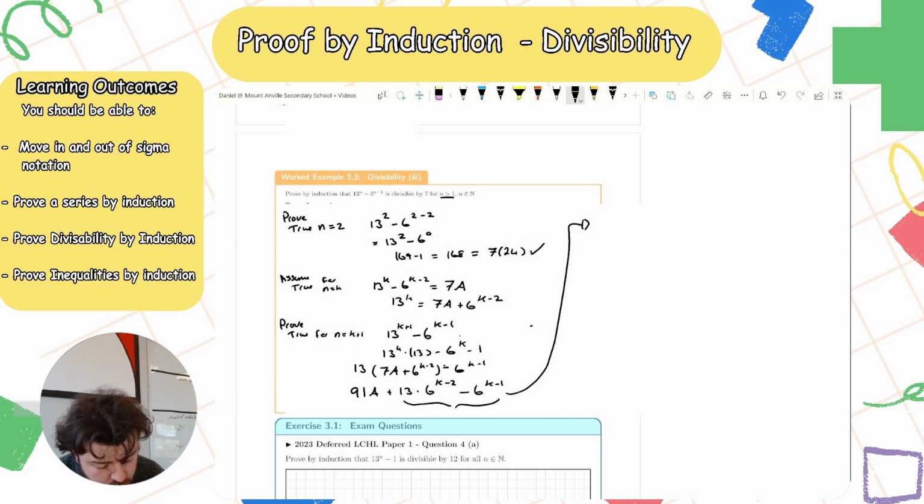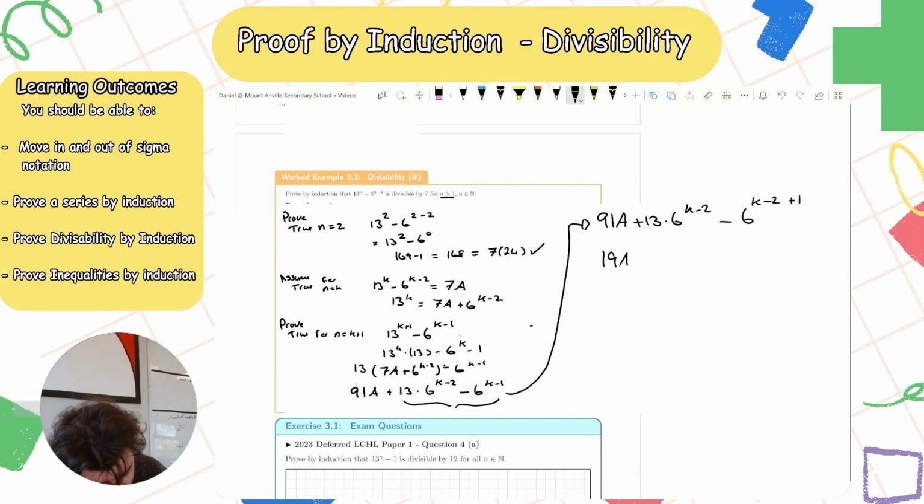Well, what I could do is I can write this as 91a plus 13 times 6 to the k minus 2, right? And then I also could write this as 6 to the k minus 2 plus 1.